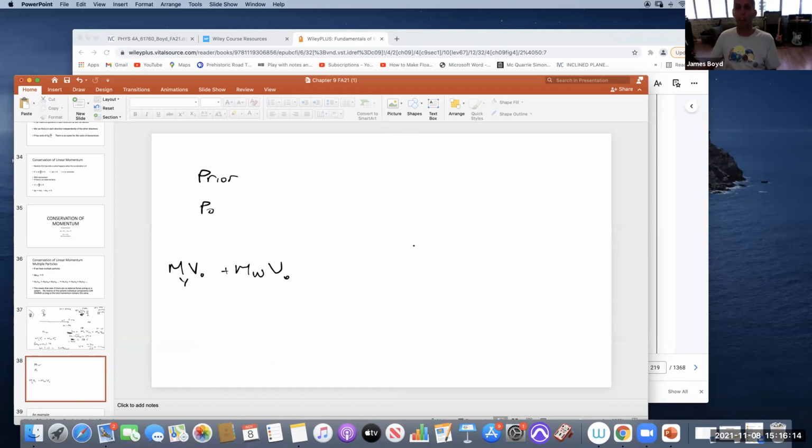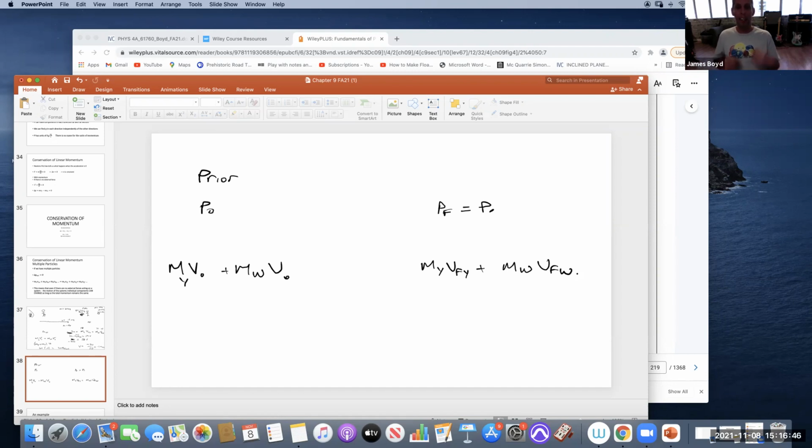After, P final is equal to P initial, you still have the same momentum. We'll prove that in a second. But your mass times your final velocity plus the mass of the wrench times the final velocity of the wrench have to equal your same initial velocity. So are we somehow violating something?